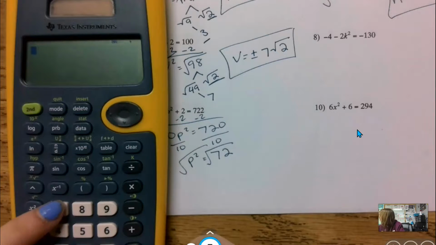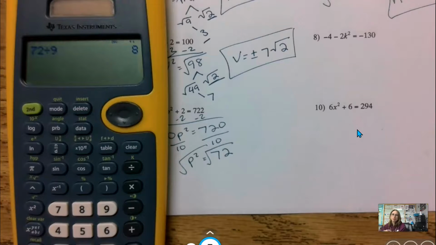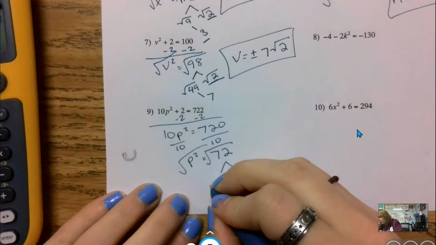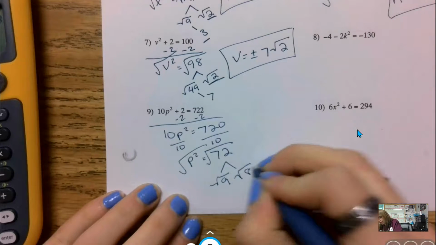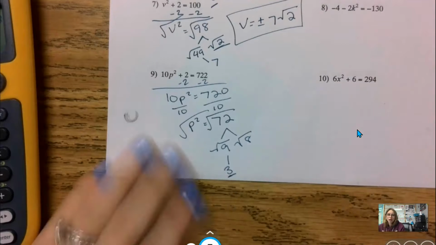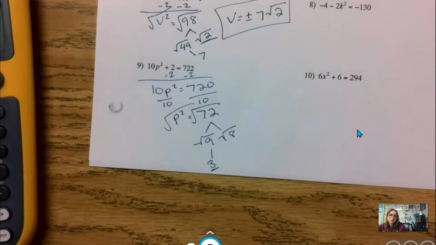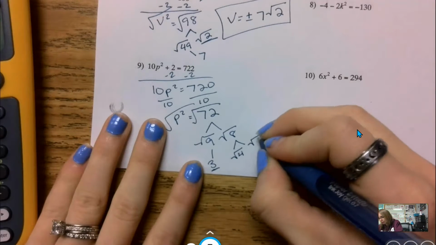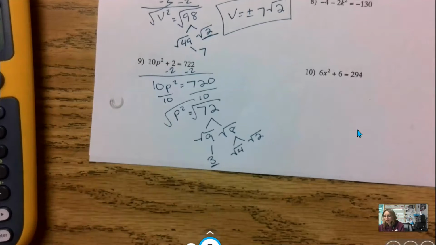So let's do 72 divided by 9. Okay, that worked out to a perfect square and a non-perfect. So radical 9 and radical 8. Well, 9 simplifies to 3 and I'm done. Now, with 8, are there any other perfect squares that could go into it? Yeah, 4. So we could take out radical 4 and radical 2, because 2 times 4 is 8.